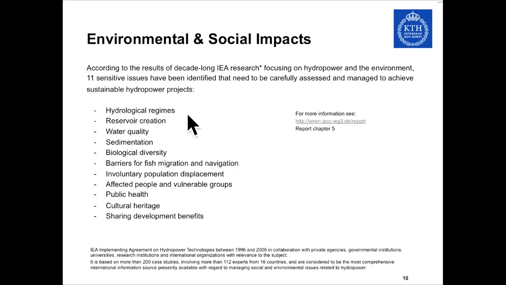They are hydrological regimes, reservoir creation, water quality, sedimentation, biological diversity, barriers for fish migration and navigation, involuntary population displacement, affected people and vulnerable groups, public health, cultural heritage, sharing development benefits.